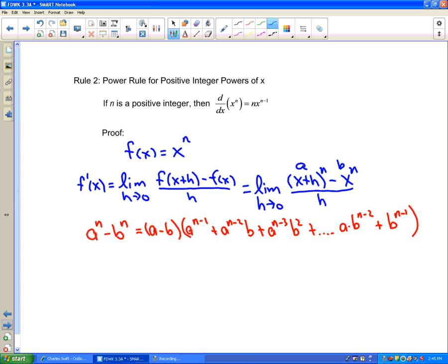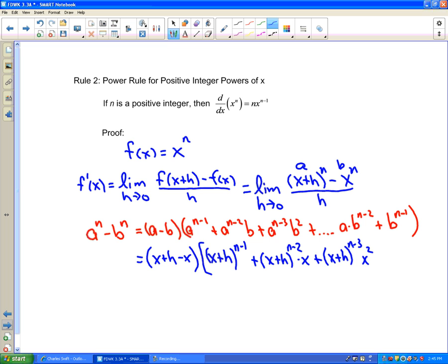So we can write this expansion as (x plus h minus x) times ((x plus h) to the n minus 1, plus (x plus h) to the n minus 2 times x, plus (x plus h) to the n minus 3 times x squared, and then at the end, we would have x to the n minus 1.